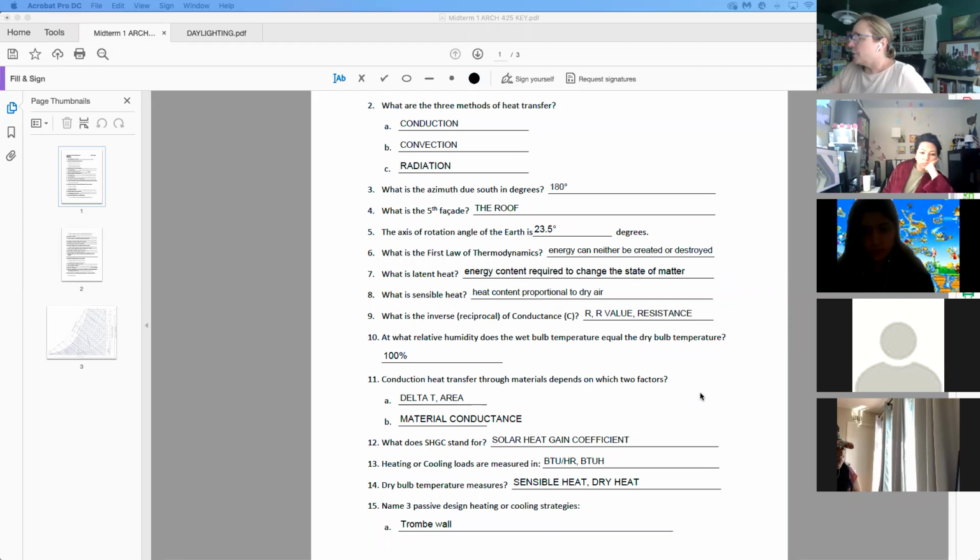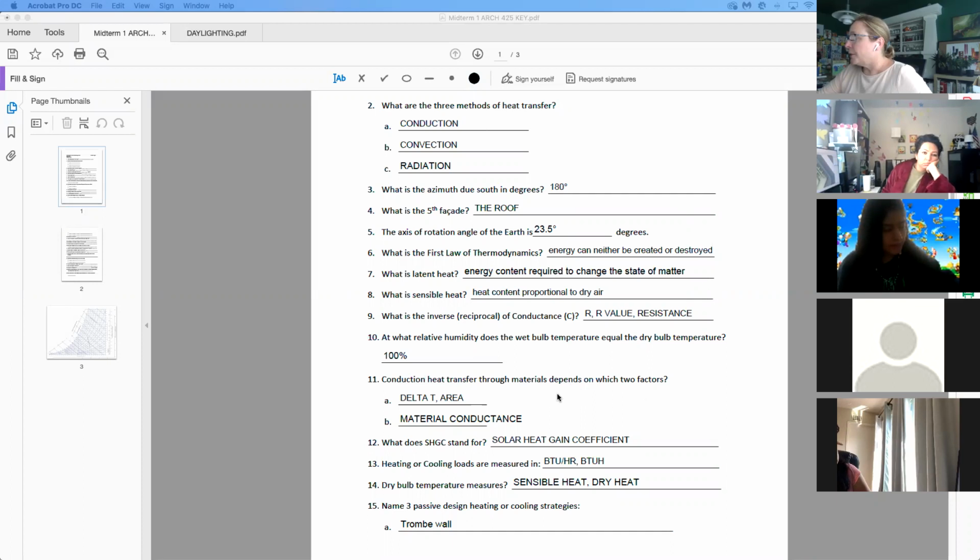Conduction heat transfer through materials depends on which two factors. This could have been better worded on, depends on, because there's three different factors that it depends on. So I could have worded it better, but everybody seemed to be fairly clear.